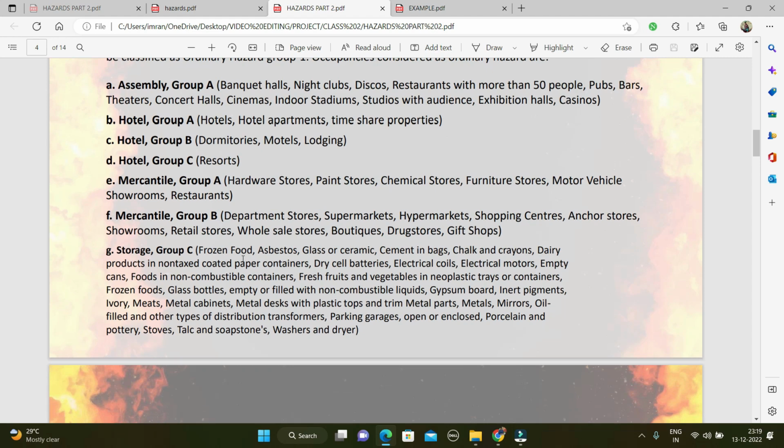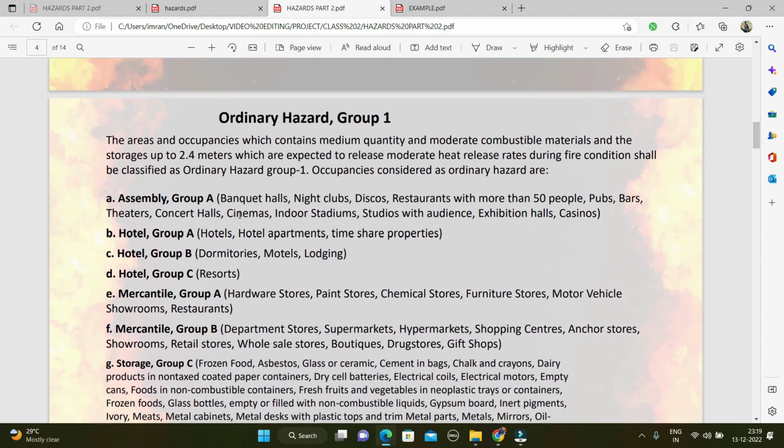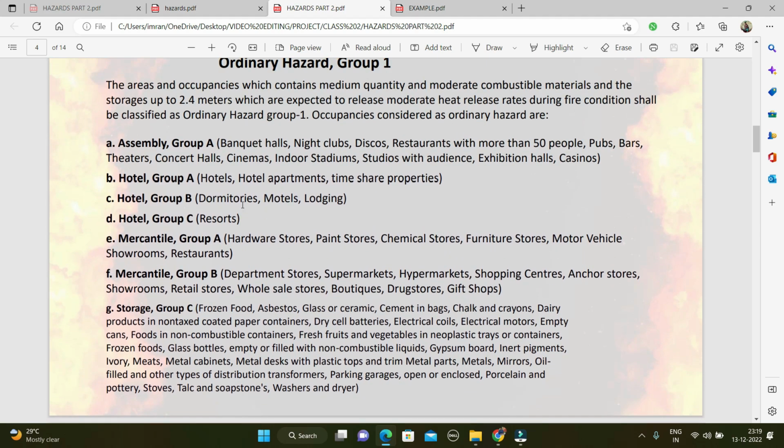Also storage. See, storage means different types of storage where we can store frozen food or electrical coils or glass bottles or plastic tops, different types of stores where we are storing something, but the burning rate is low. So it comes under ordinary hazard group 1.